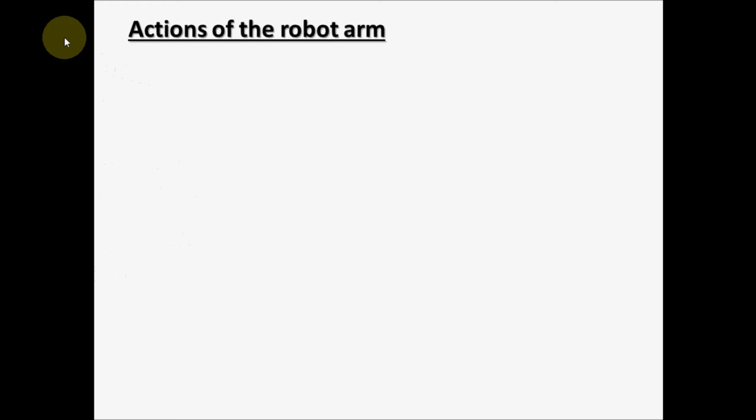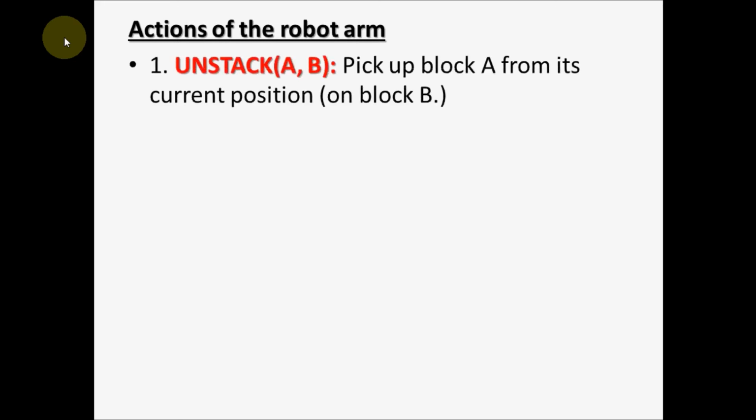Now let us see what are the possible actions that this robotic arm can perform. The first action is called the unstack action. You must have realized that I am using a predicate. The predicate is read as A unstack B. This unstack action picks up a block A from its current position, that is on top of B. Look at the figure.